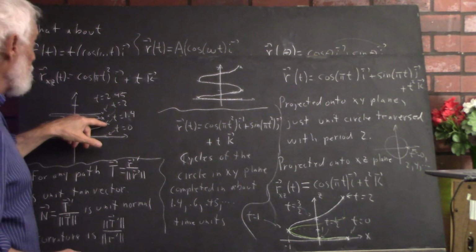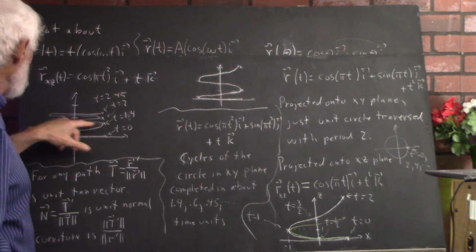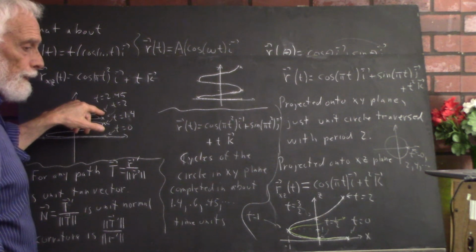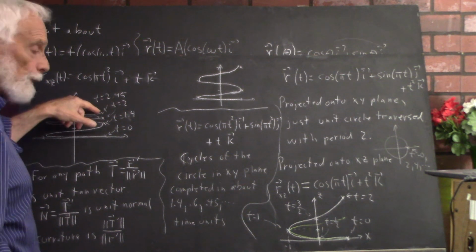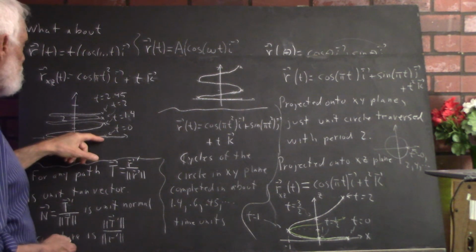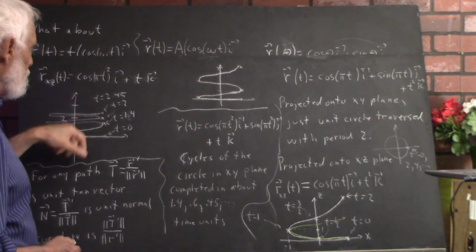So we go up further during the first cycle than during the second cycle, and further in the second cycle than in the third cycle. So these points: further here, a little less distance here, and even less here.